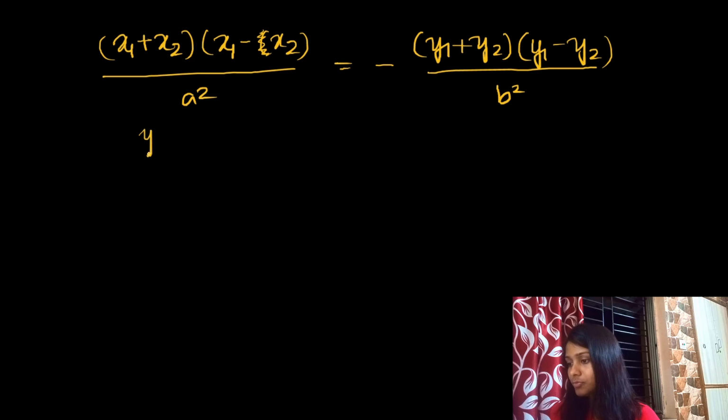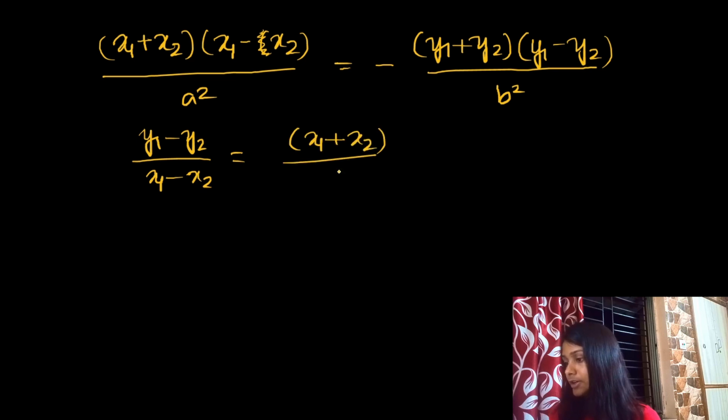So from here we can see that (y1 minus y2) divided by (x1 minus x2) will have this form. It will give minus (x1 plus x2) divided by a square, into b square divided by (y1 plus y2).